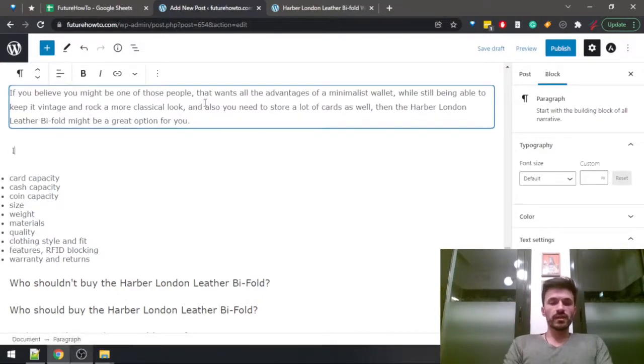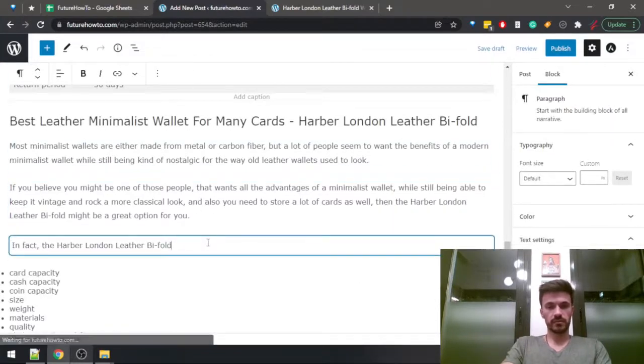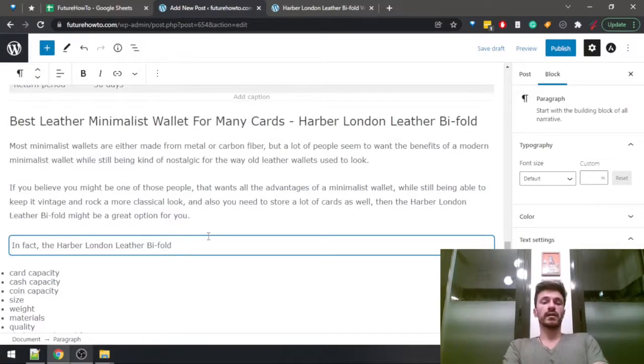In fact, the Harbor London leather bifold, dude, I should do the same everywhere, has one of the largest card capacities out of all the minimalist wallets out there.